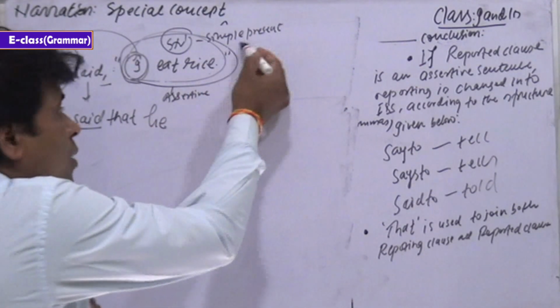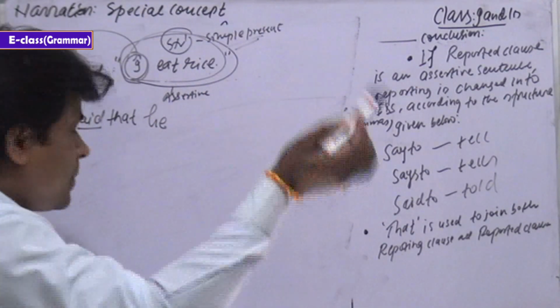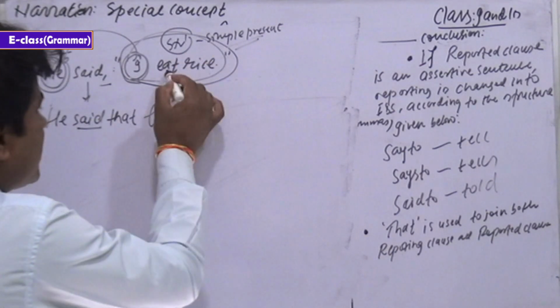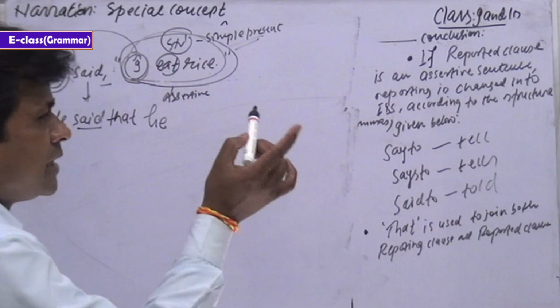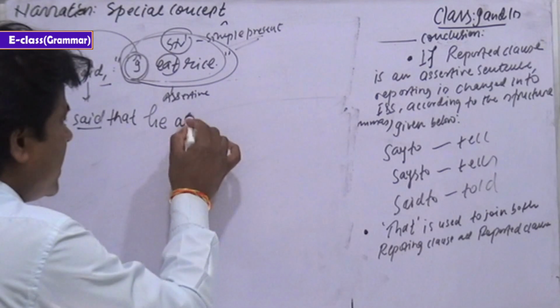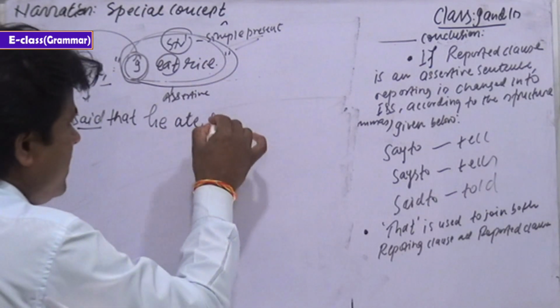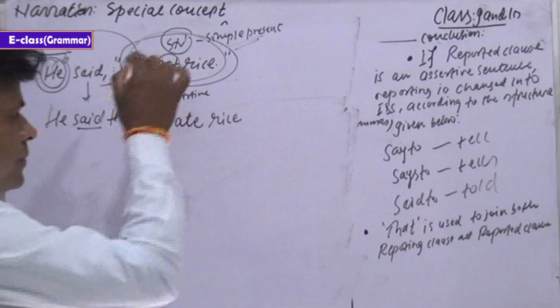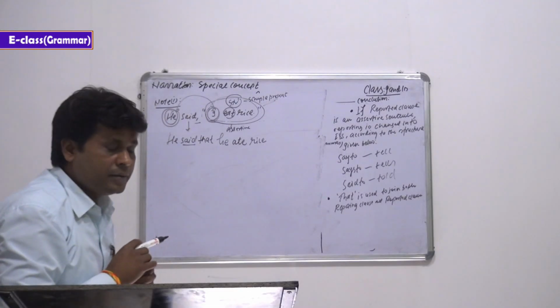So, what is the corresponding past of simple present? Simple past. So, what is the past of eat? It becomes ate. He ate rice. Okay.